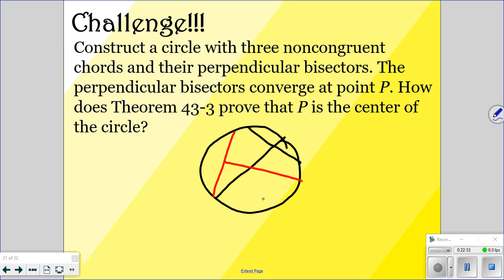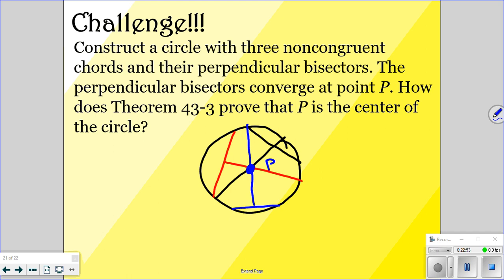And then another chord of a different length, we'll say is right there, and its perpendicular bisector looks like it's going to go right here. And they converge at this point P. How does theorem 43.3 prove that P is the center of the circle?